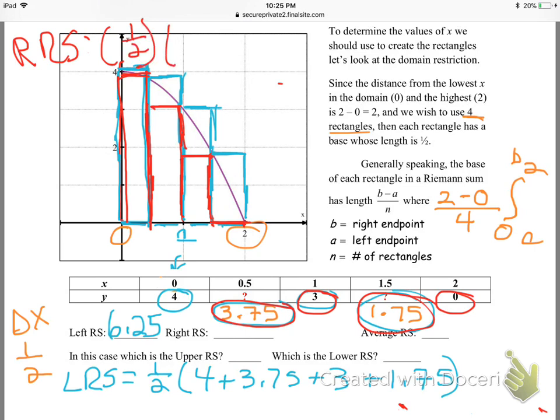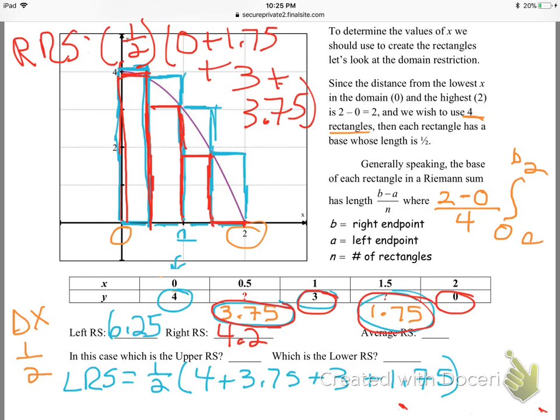Then you're going to add up 0, because that first rectangle had no height, plus 1.75, plus 3, which is the next y value, plus 3.75.